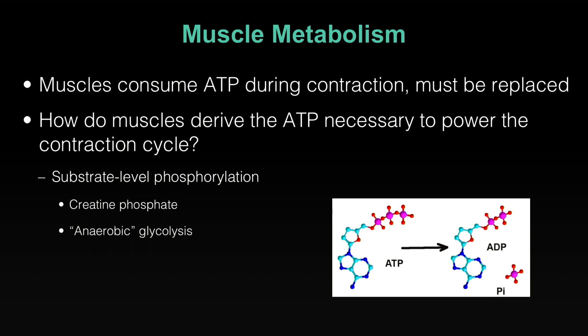And we're going to discuss at length creatine phosphate and what I'm putting in quotes as anaerobic glycolysis. I'll tell you why I think that's wrong. And a second class, oxidative phosphorylation, aerobic metabolism. All of this occurs in the mitochondria, and you've heard it referred to as cellular respiration. These are the two classes of metabolic processes that make ATP, and we'll dive into those in depth tomorrow.